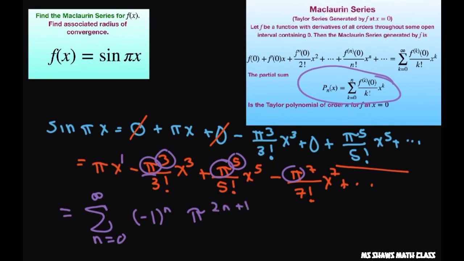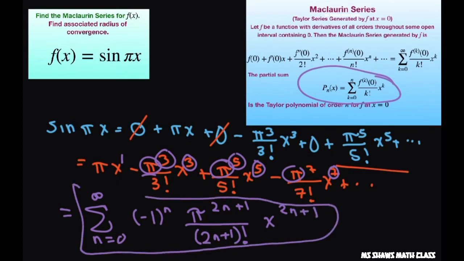Then divided by 2n plus 1 factorial. And our x is also going in odd numbers, so that's going to be x to the power of 2n plus 1. And that's it.